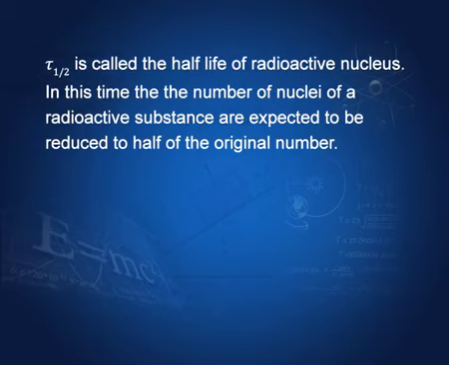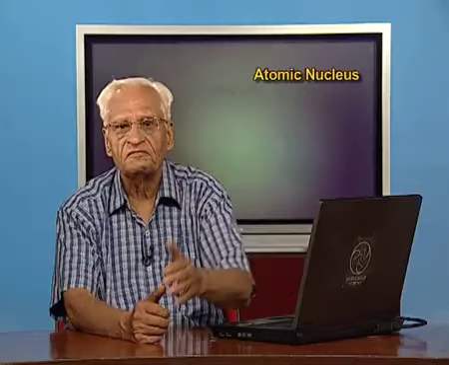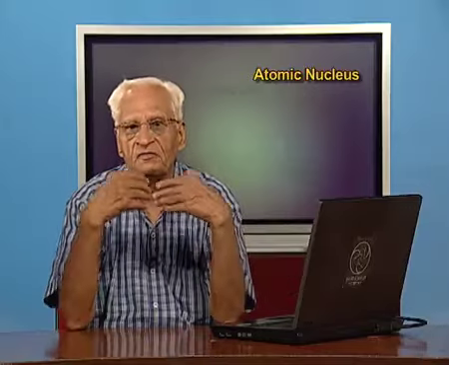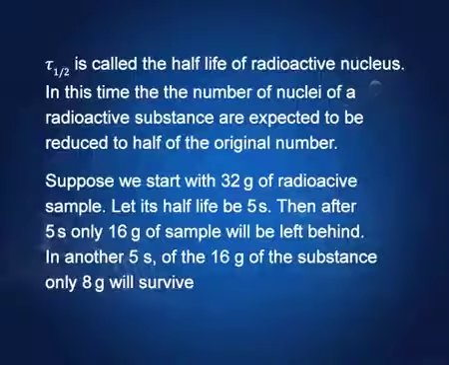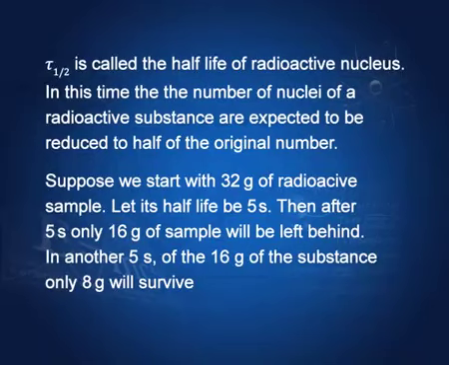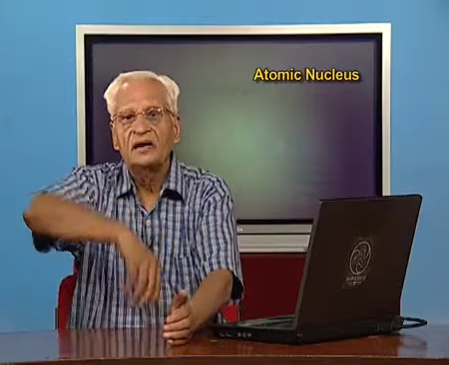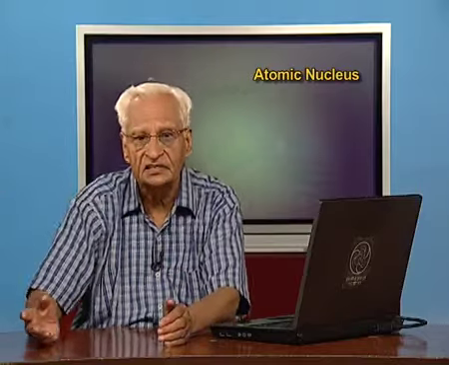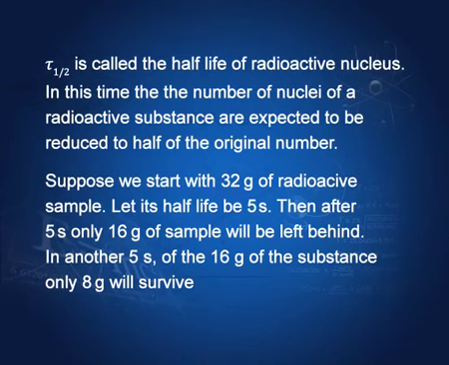Suppose we start with 32 grams of a radioactive sample, any radioactive sample, and suppose its half life is 5 seconds. What will happen after 5 seconds? 32 by 2, we will be left with approximately 16 grams. What will happen after another 5 seconds? Half of 16 grams, that is approximately 8 grams, would be left, and after a lapse of another 5 seconds, half of 8, that is about 4.